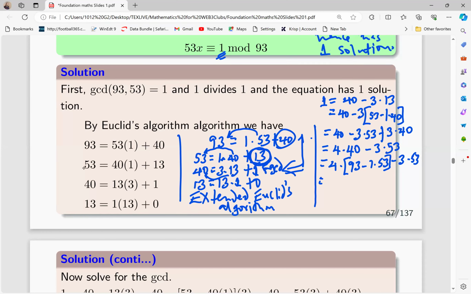Opening this bracket will give 4 times 93 minus 4 multiplied by 53, then minus 3 times 53. Putting like terms together, 4 times 93 minus 7 times 53.